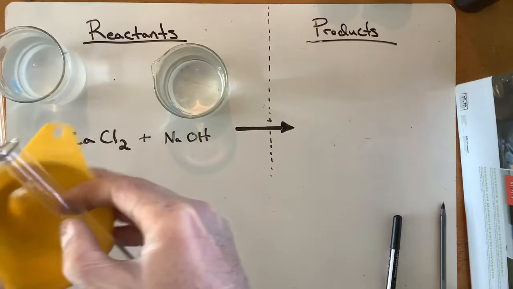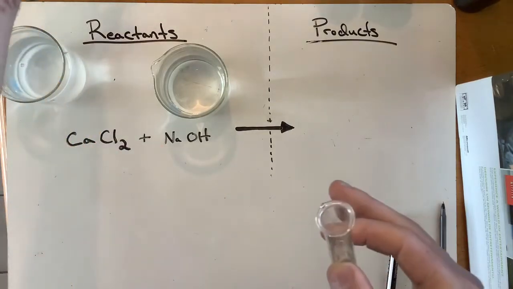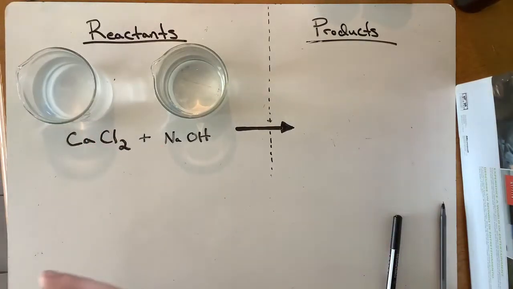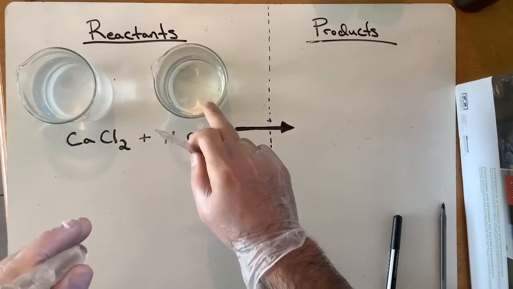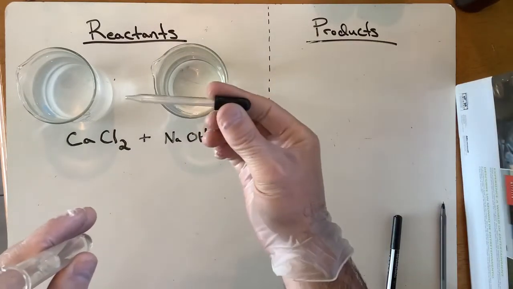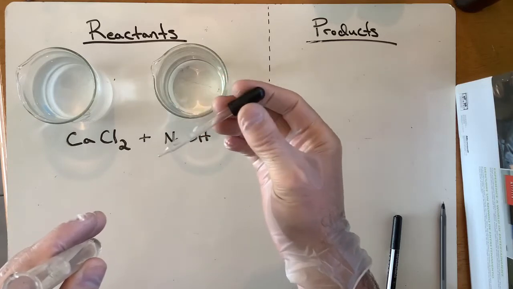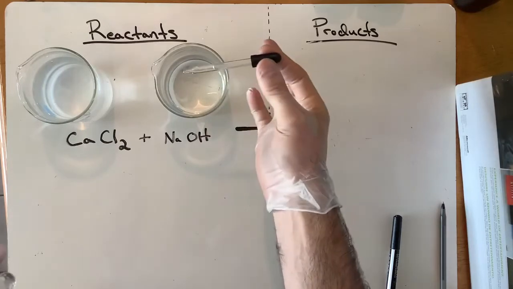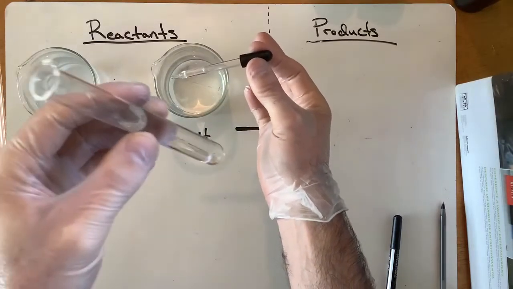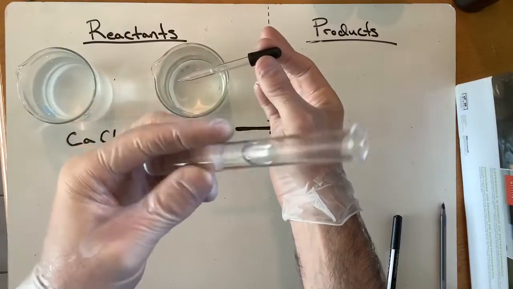And rather than using a funnel for my sodium hydroxide, because like I said, this stuff is pretty nasty, I want to be really careful that I don't spill any of this. So I'm going to use a dropper on this because it's a little bit safer that way. I'm going to just take a pinch from this dropper here, and I'm going to add it to this test tube.